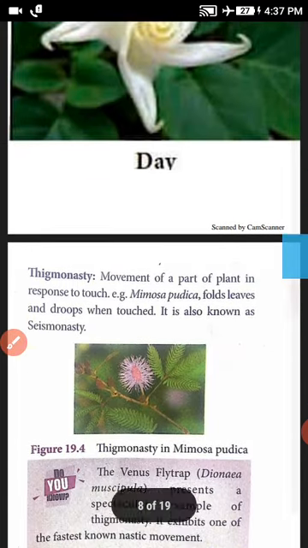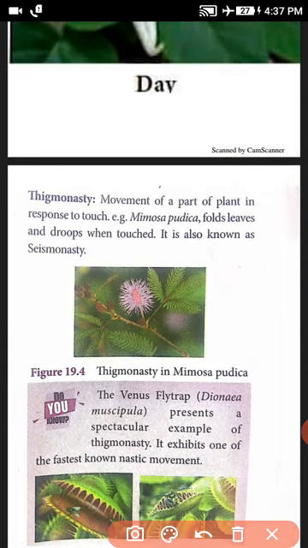Next, thigmonastic, the movement of a part of a plant in response to touch. For example, Mimosa pudica, when we touch one point, suddenly all the leaves fold. It is also known as seismonastic.